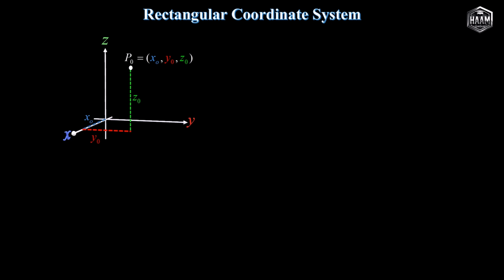As can be seen, the range of the x-axis extends from negative infinity to positive infinity, meaning this coordinate can take on any value from negative infinity to positive infinity along this axis.